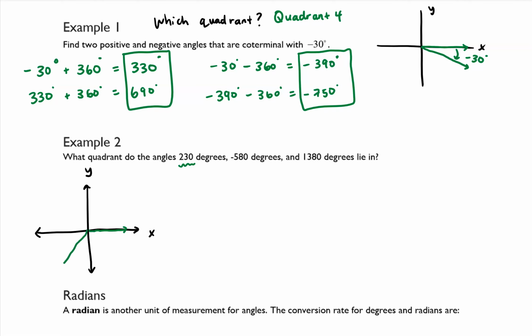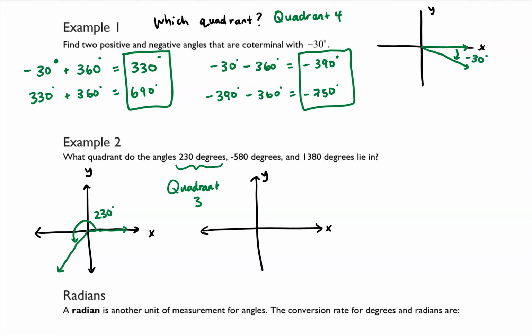So that would look something like that. So that would be 230 degrees, and that would mean that this is in quadrant 3.